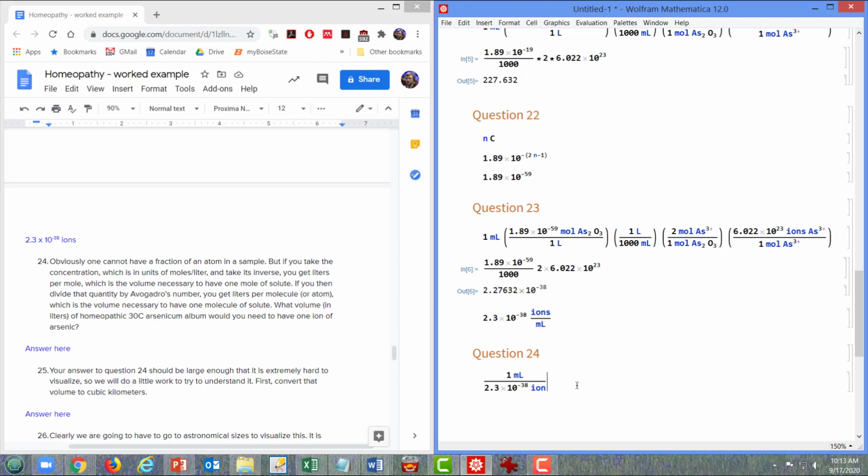We want the answer to be in liters, so we know that we have 1,000 milliliters for 1 liter.